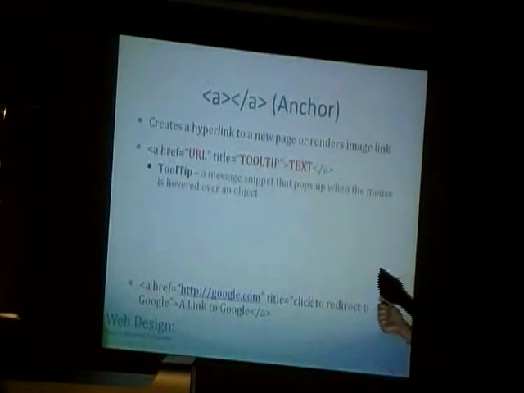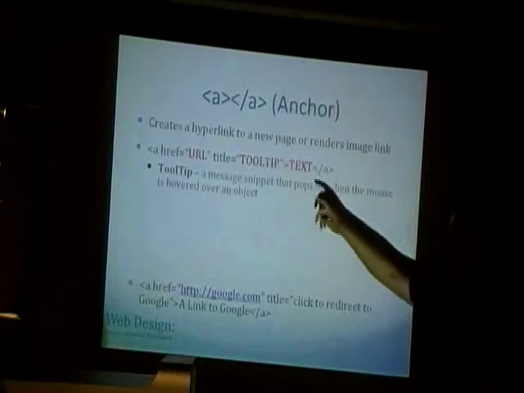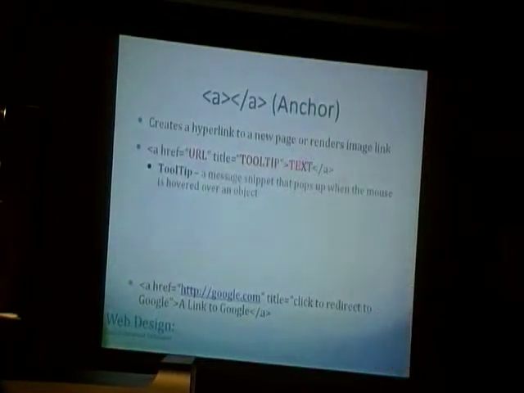So in an anchor, there are different types of attributes. One of them is href, which specifies the URL for which you're creating an anchor. So if you put google.com, it will have a link which links to google.com. It might not necessarily say google.com.